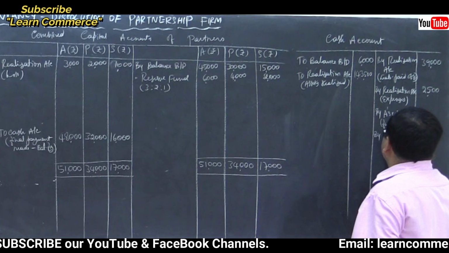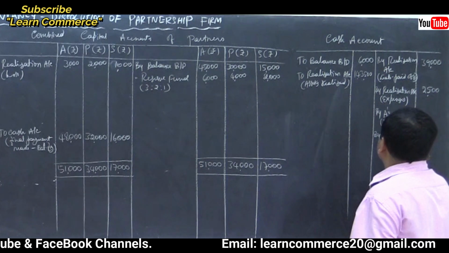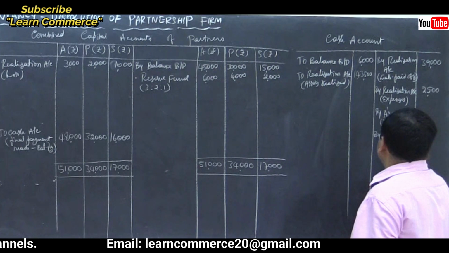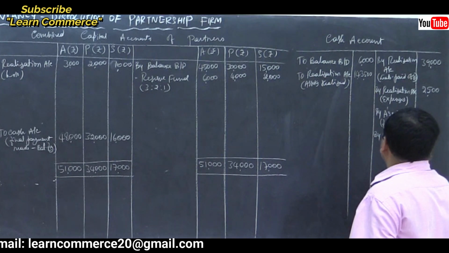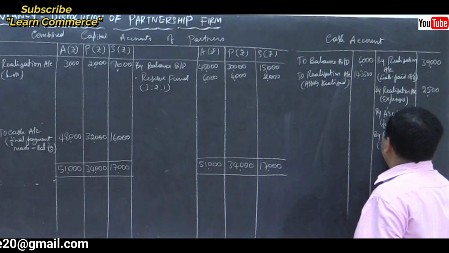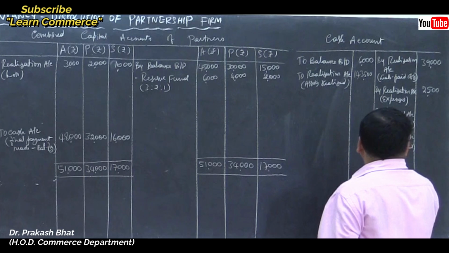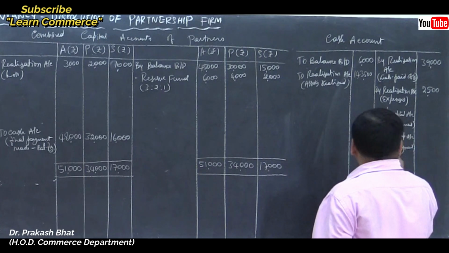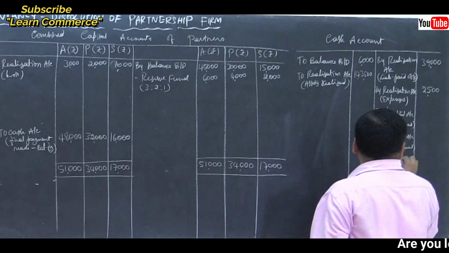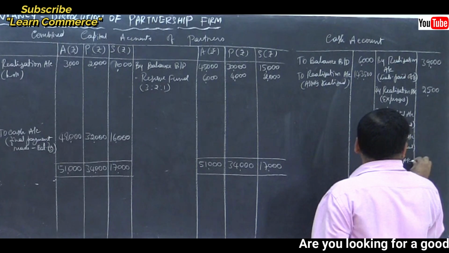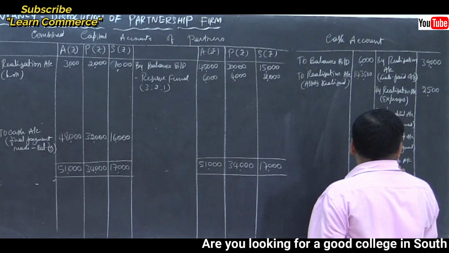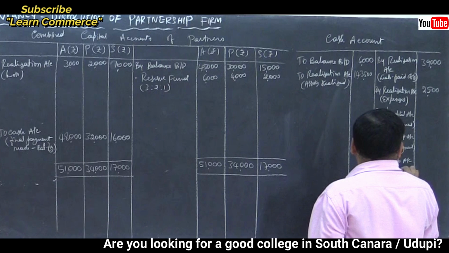Then by Prithvi's capital account, final payment. And by Sagar's capital account within bracket, final payment.